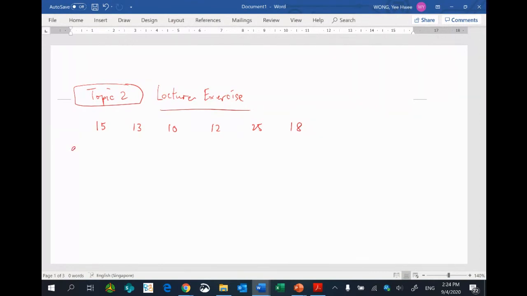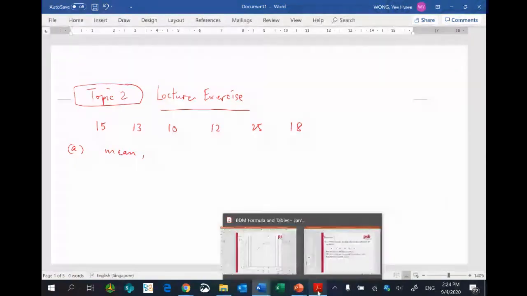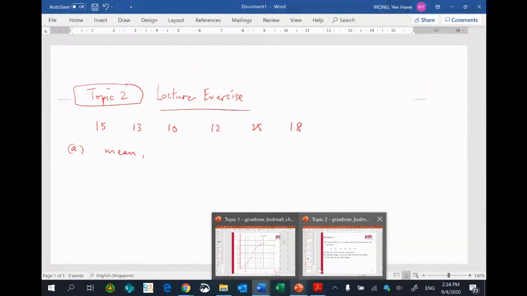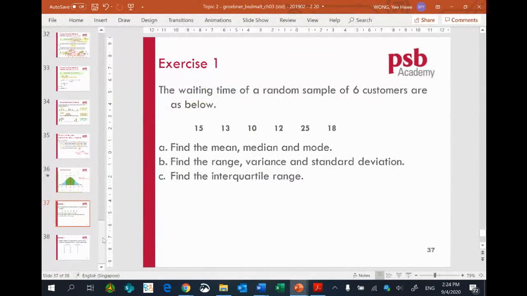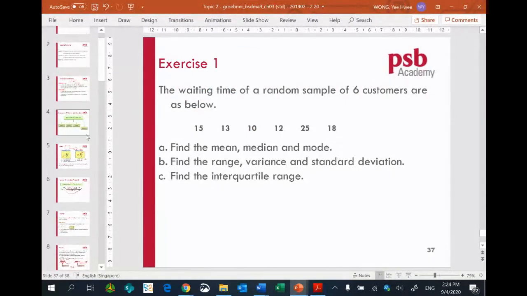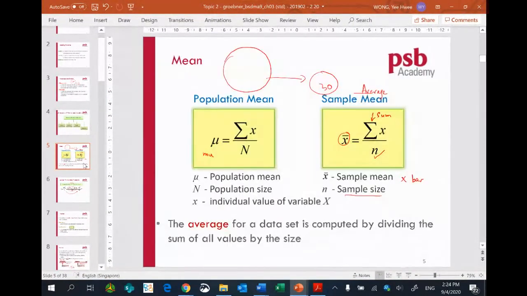So the first question asks us to find the mean and median and mode. So let's find out what is the mean. Right, and you can find out the mean using this formula.